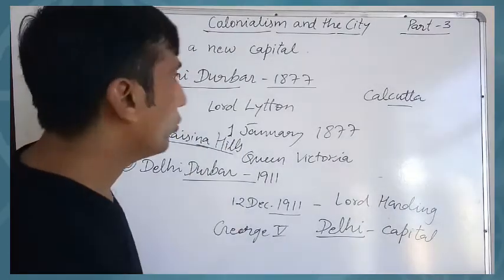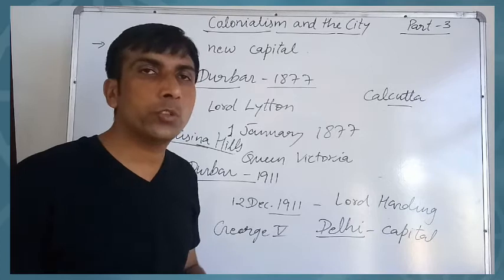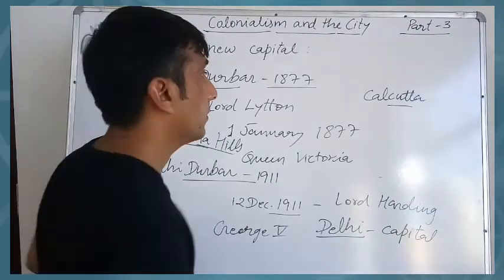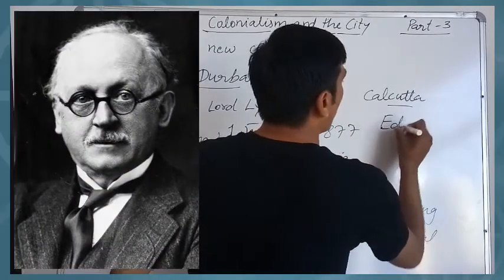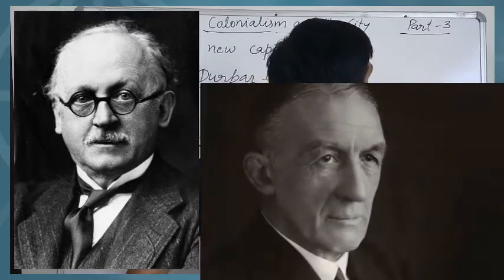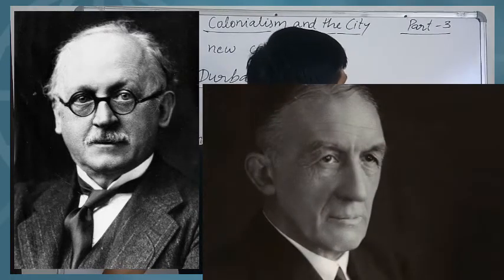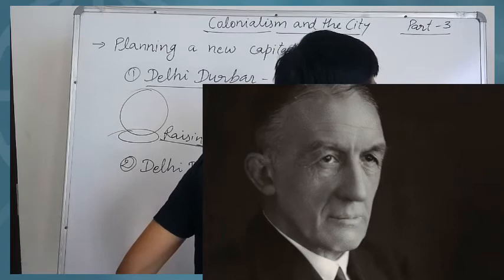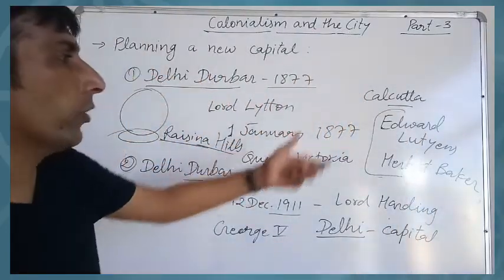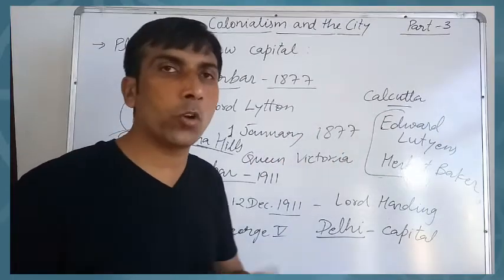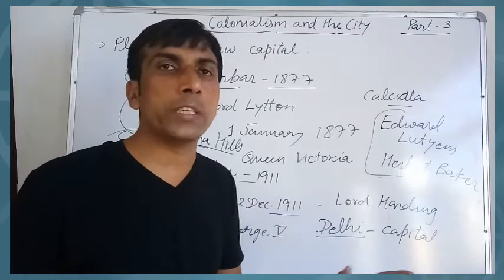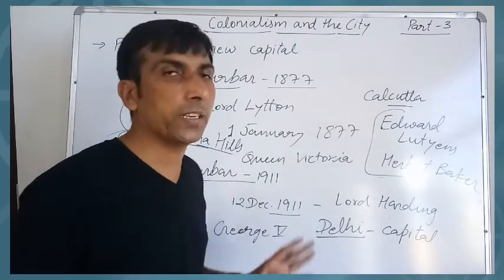Two architects were called to design New Delhi and its buildings. They were Edward Lutyens and Herbert Baker. Dear students, you have to remember the names Edward Lutyens and Herbert Baker. They were the architects called to design New Delhi and its buildings.